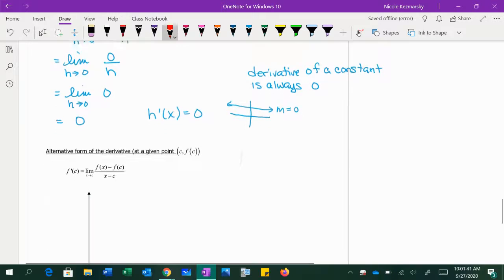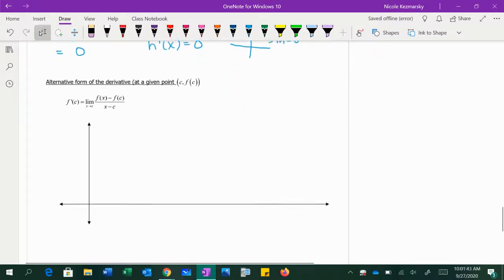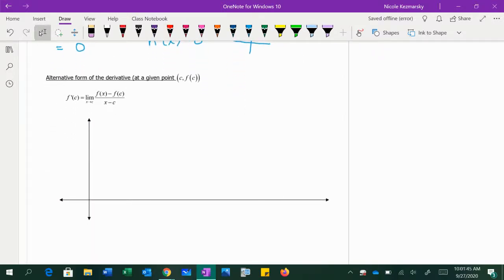For this last piece right here, there's an alternate form for the definition of the derivative. And this is used when you're given a specific point. So the first set of examples that we did were left to be any point, to be determined later. But this is what happens when you have a specific point. So when I have a specific point, I'm going to pick a point c.